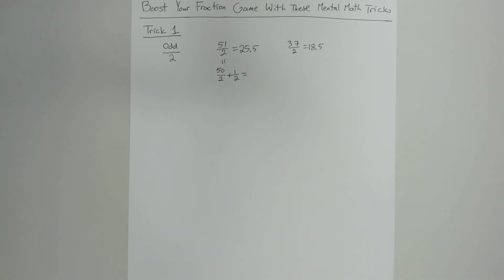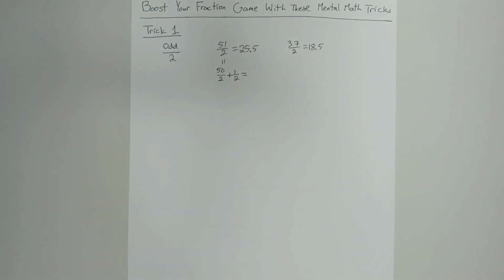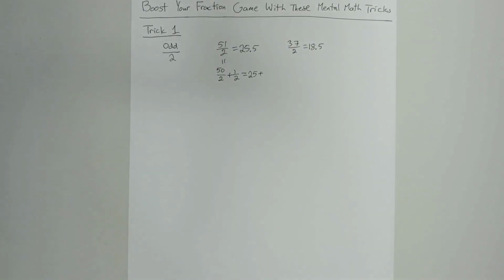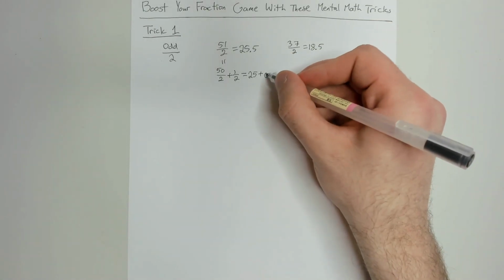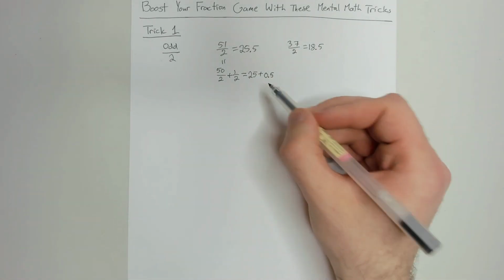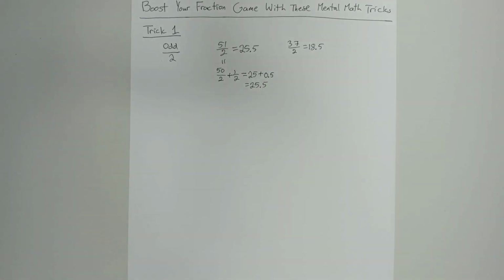The more you do these, the faster you're going to get at them. But 50 divided by 2, I can just immediately say that's 25. And then the 1 over 2, well, a half, that's another very common fraction, right? A lot of us know that that is 0.5. So this 25 plus the 0.5 becomes the 25.5 that I did in my head.